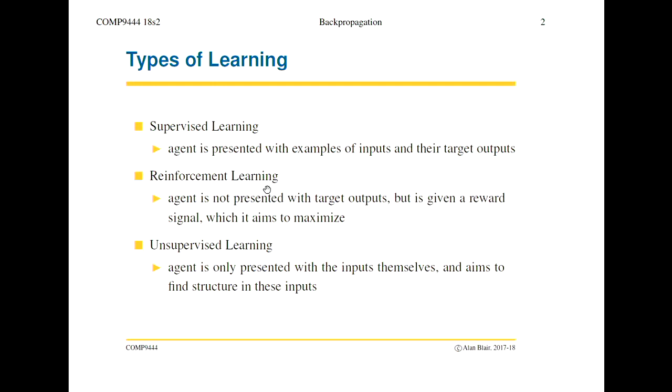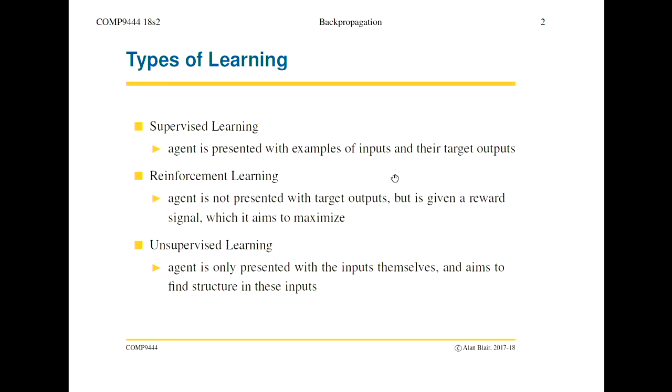Then we have what's called reinforcement learning. So reinforcement learning is used when an agent tries to learn to play a game or act in an environment or allocate resources in real time. And sometimes for some of these tasks, it's difficult to provide an actual training set of inputs and outputs.